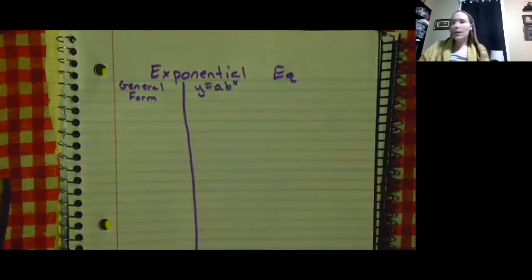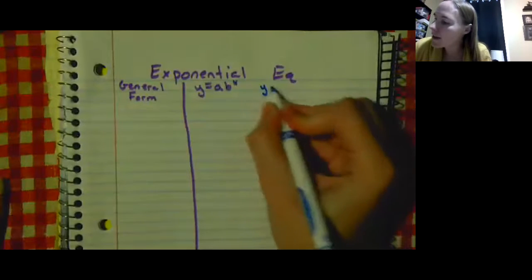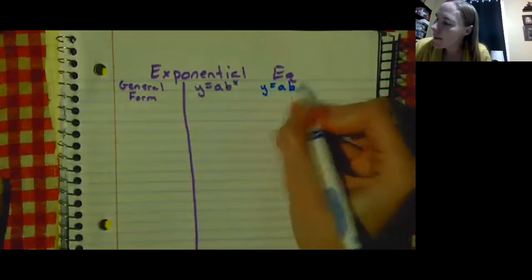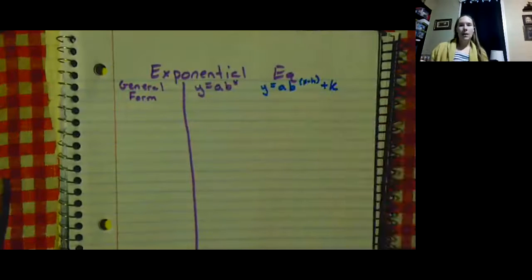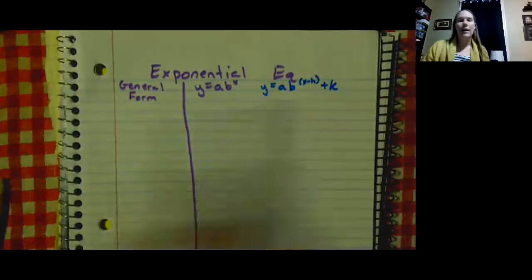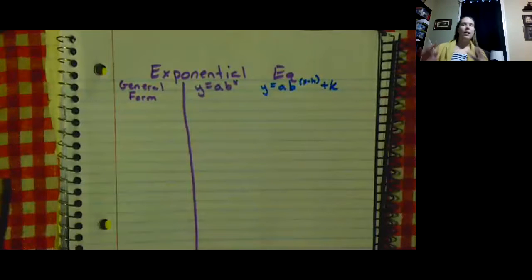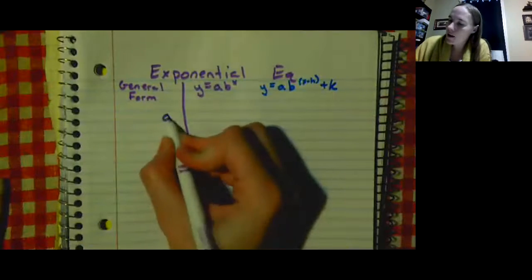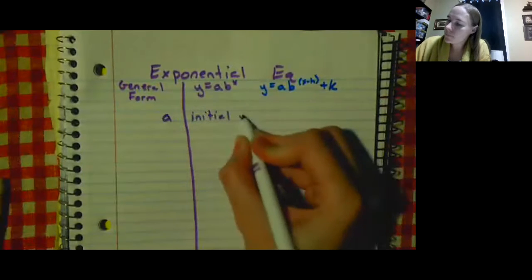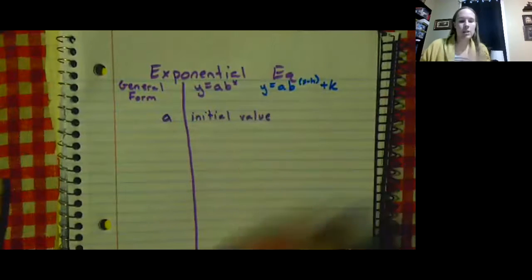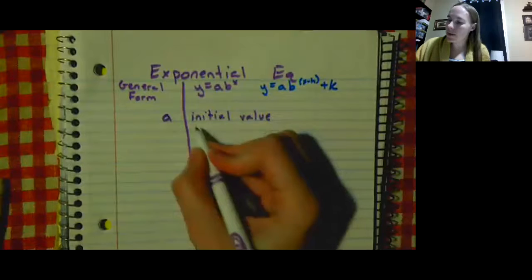You might see it as y equals a times b to the x minus h, plus k. You might see it like that as well. That is also a general form, but we're not going to concentrate on that one right now. So from the Desmos, we learned that a is our initial value, which means it's the number we start at.